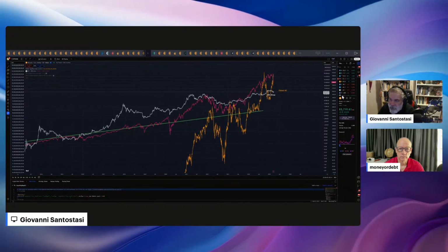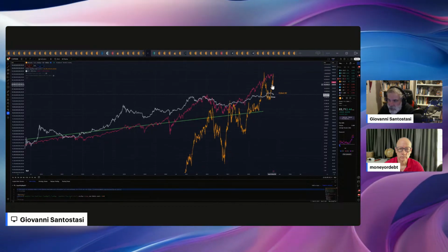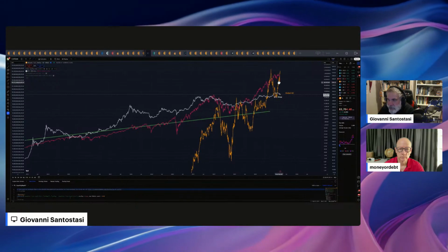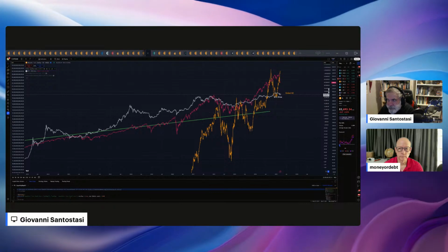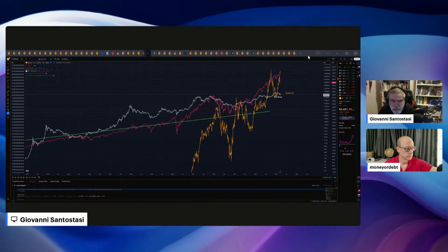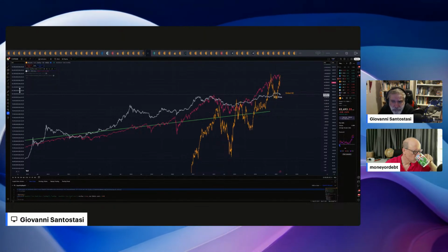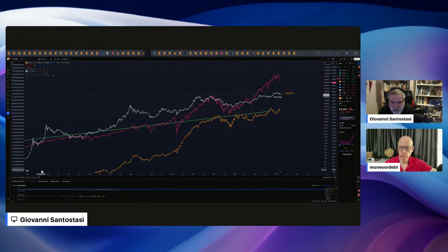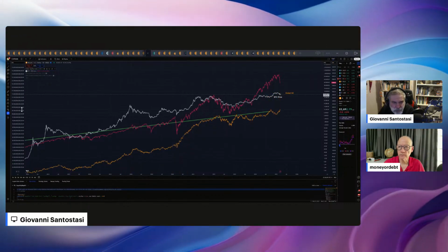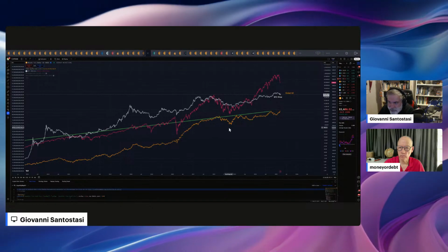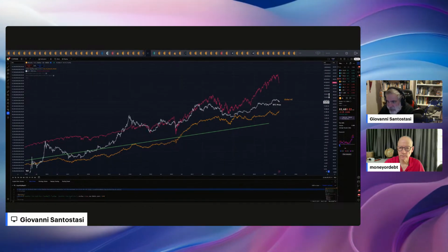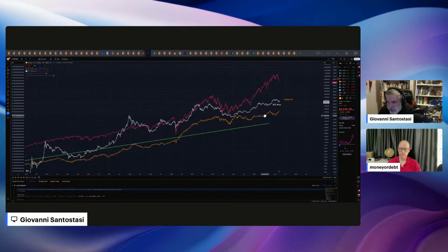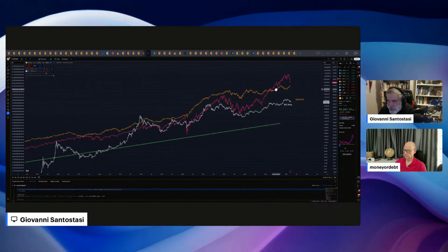Now, the other question is, is there a correlation with global liquidity, right? And there are many different measures of global liquidity. I have another indicator where I have a more sophisticated measure, where I take more parameters, but here I'm just taking M2, this global M2, this yellow quantity here.